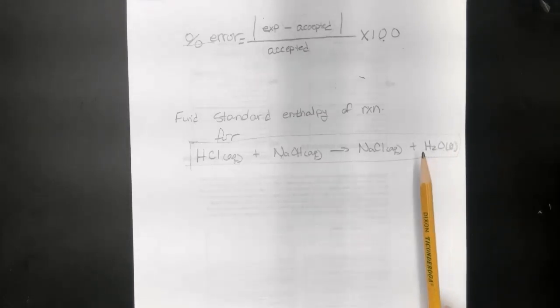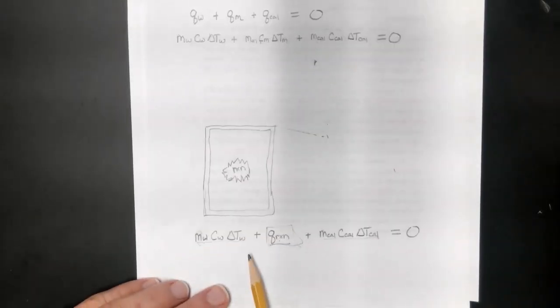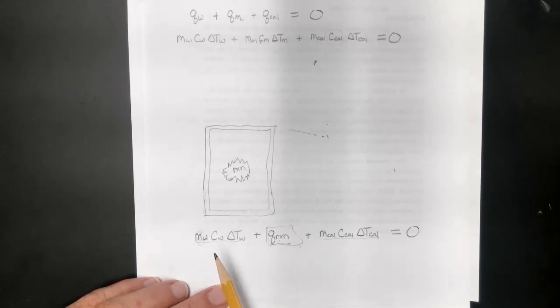And that's not what we're doing in this experiment. We're not using 1 mole of each one of those. So you need to make an adjustment accordingly. And then I want you to do a percent error analysis on those two values as well.